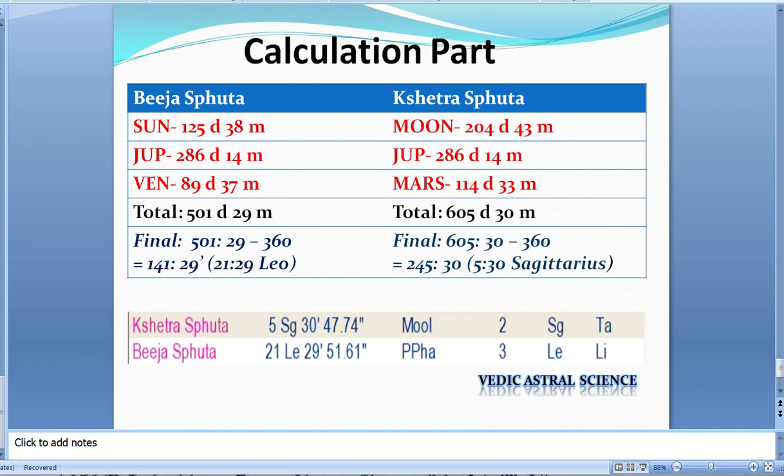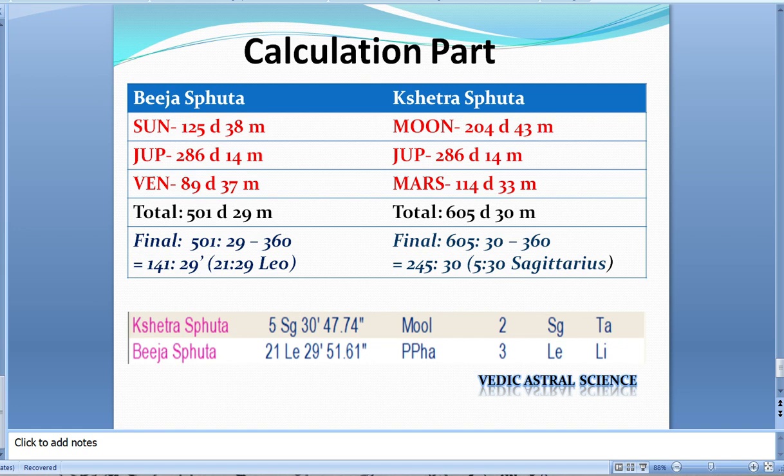As you saw in the earlier slide, the Sun is placed in 5 degrees 38 minutes Leo. So we have converted the longitude of the Sun into 360-degree format.